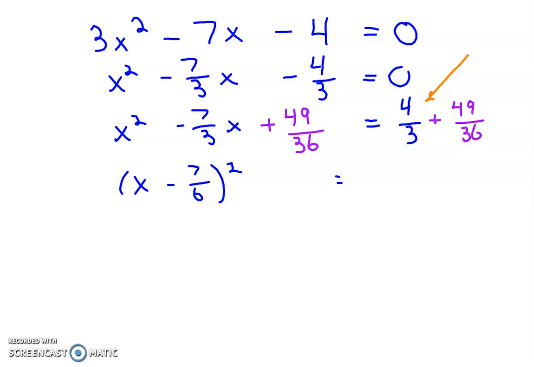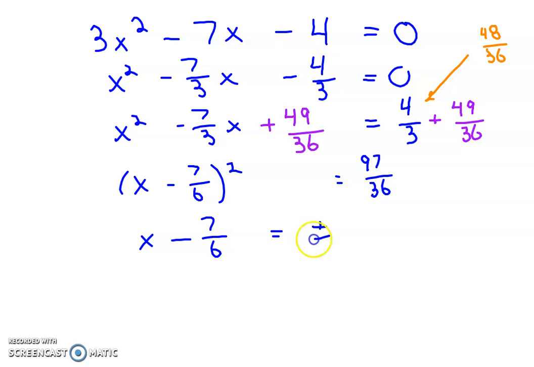So it looks like I'll have to multiply the top and bottom by 12. So I'll get 48 36ths. Okay. So now 48 36ths plus 49 36ths is what? 97 36ths. So that's what we have right here, 97 36ths. Okay. Square root both sides, just like we had before.